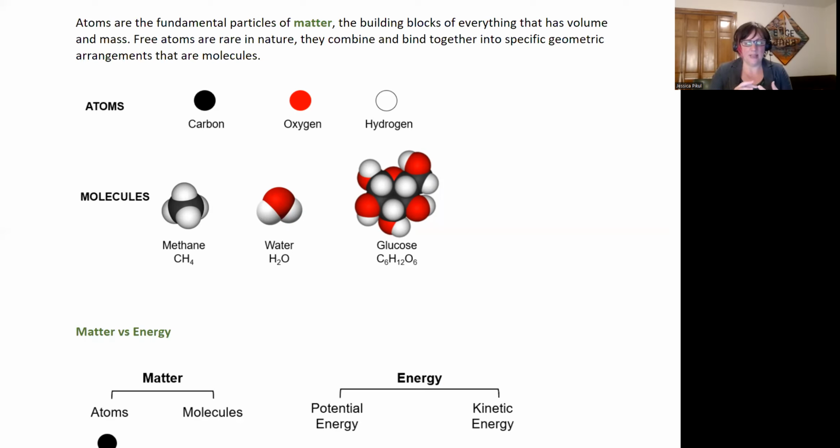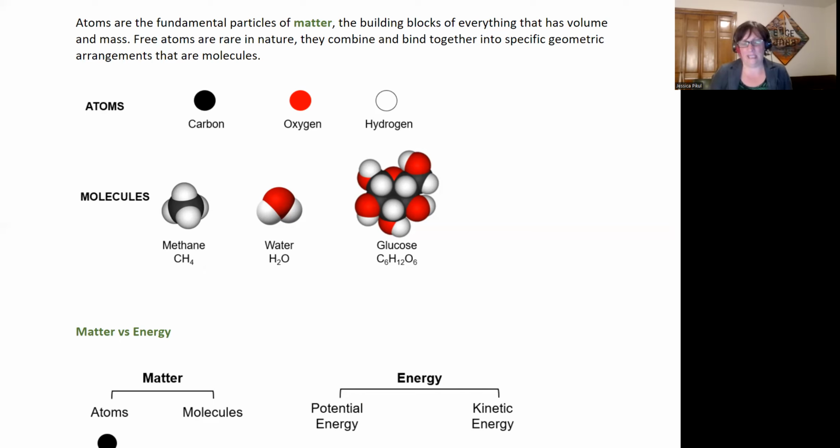And atoms are pretty rare just to be out on their own in nature. Some noble gas atoms are, but usually they combine together and create specific arrangements with pretty specific geometries, and those are molecules.